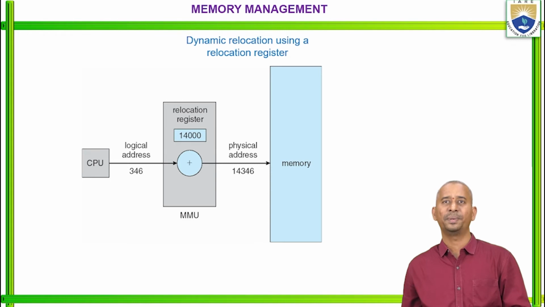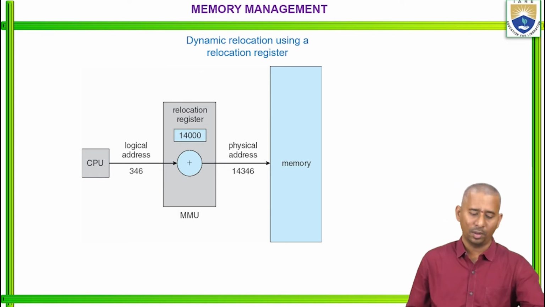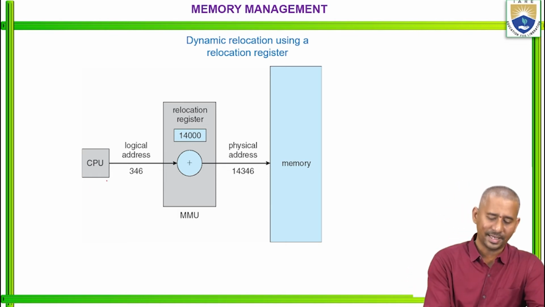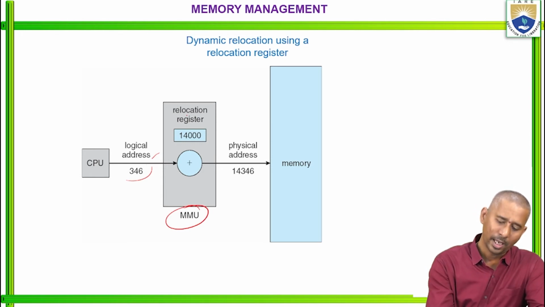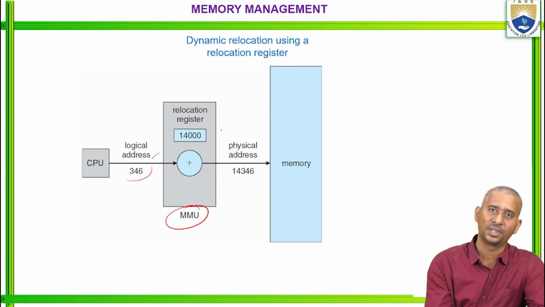This is the dynamic relocation using a relocation register. Initially the processor generates the logical address, and this is the memory management unit. Within the memory management unit, this is the relocation register, 14000.